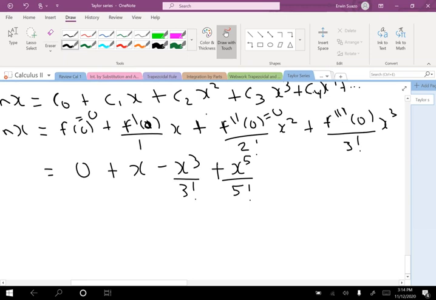Then the next one is x to the 6 over 6 factorial, but times 0, right? That one is 0, because we're only getting the odd numbers, right? So what is the next one?